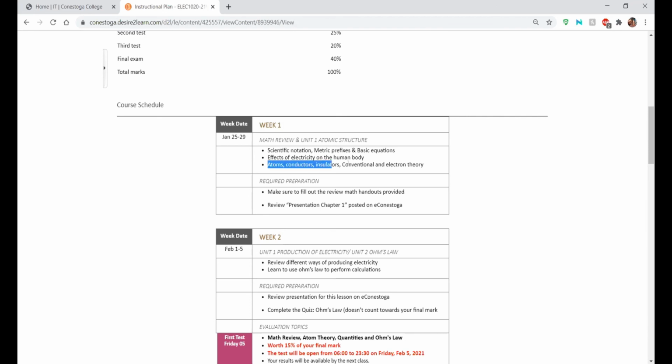Also, you're going to be expected to check the PowerPoint about the electron theory. And what I'm going to do myself is record and post an asynchronous video that you have to watch on your own, in your own time, about the PowerPoint of the electron flow theory, okay?